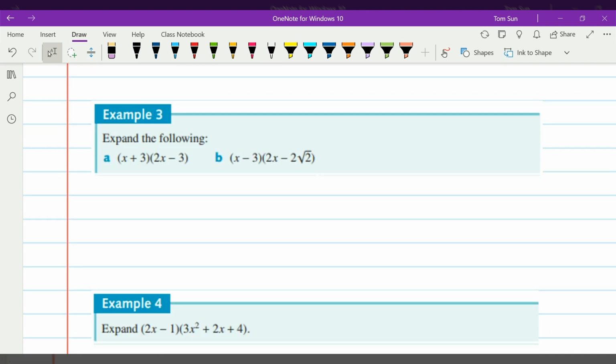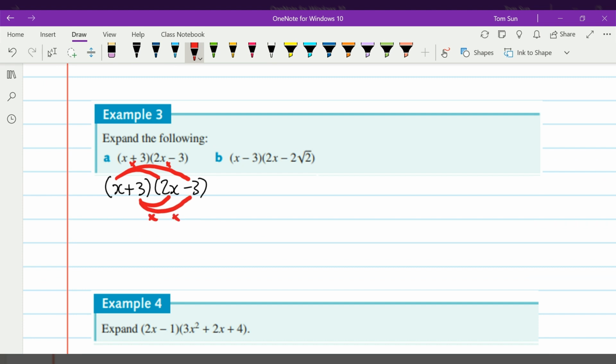Now I'll do the first one with the red lines so you can see how this works if you forgot. We have x times 2x and x times negative 3, but then we also have to do 3 times 2x and 3 times negative 3.